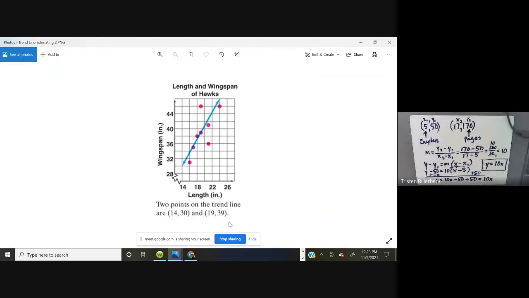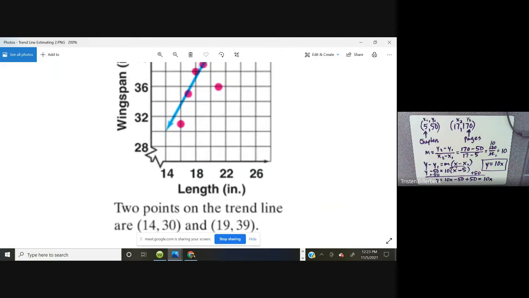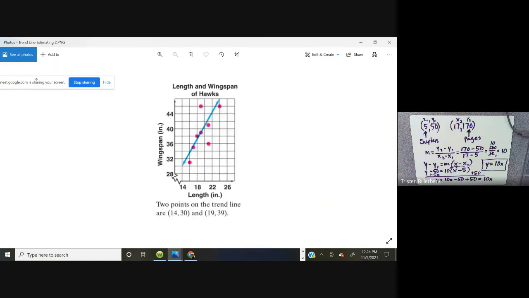Okay, so we have the length and wingspan of hawks. And they give us the two lines right here. We have 14, 30 and we have 19, 39.